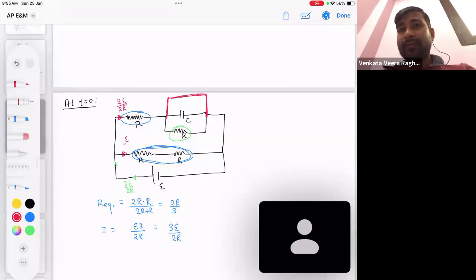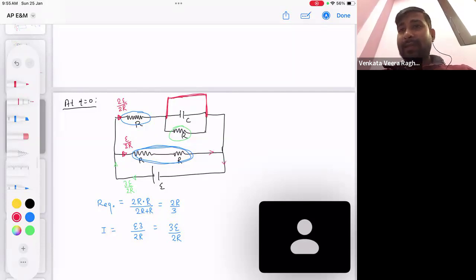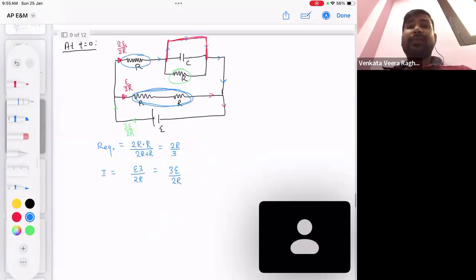And this one will have E by 2R current. 1 is to 2 ratio I have distributed. Now, current will pass through this one. It will go to this branch. And here what will happen? Current will reach here. And will it go through this short circuited element? Understood? This is how the current will be flowing in the circuit at t equal to 0. This is the current in each branch.